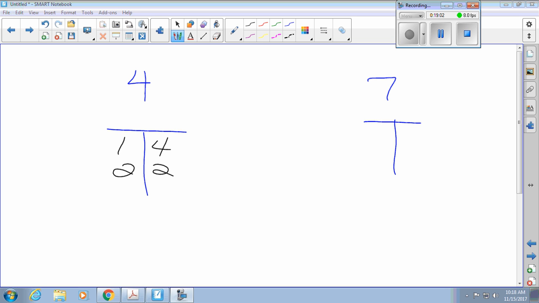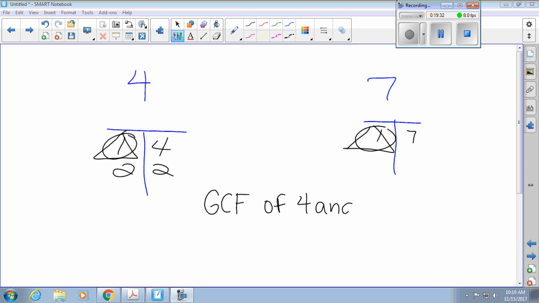All right. How about 7? Don't tell me any decimals. Yes, 1 and 7. So, are there any others? Nope. We're only looking at whole numbers. All right. So, common factors here, everybody? 1 and only 1. So the GCF is... Oh, I forgot to do the triangles in the other example. So the GCF of 4 and 7 is 1.